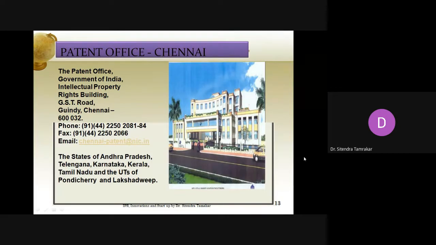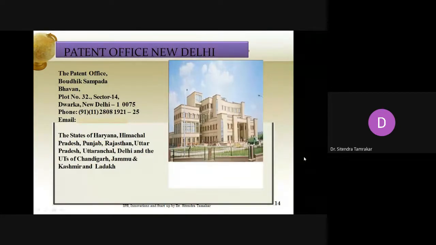If you belong to AP, Telangana, Karnataka, Kerala, Tamil Nadu, and the UTs of Pondicherry and Lakshadweep in South India, it will go through the Chennai office. The Delhi Patent Office takes care of Haryana, Himachal Pradesh, Punjab, Rajasthan, UP, Uttaranchal, Delhi, Chandigarh, Jammu and Kashmir, and Ladakh.